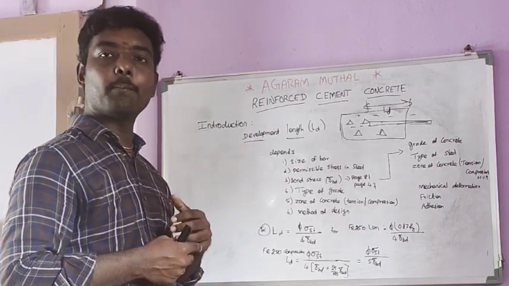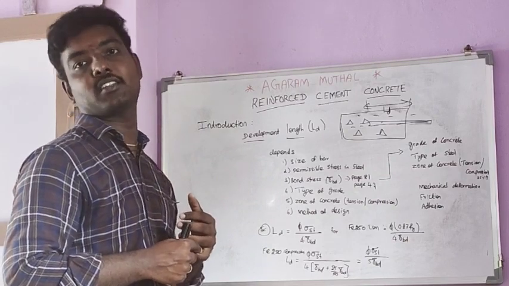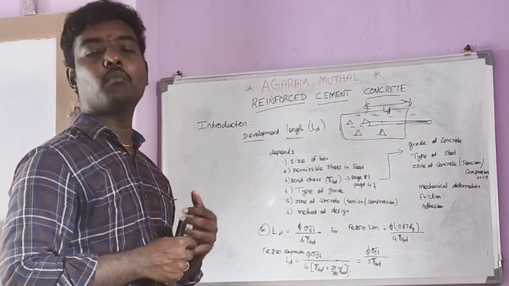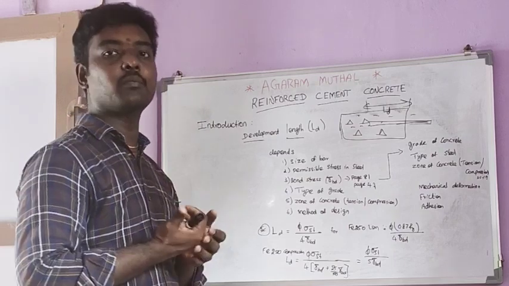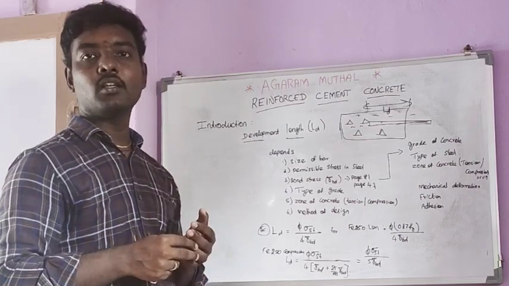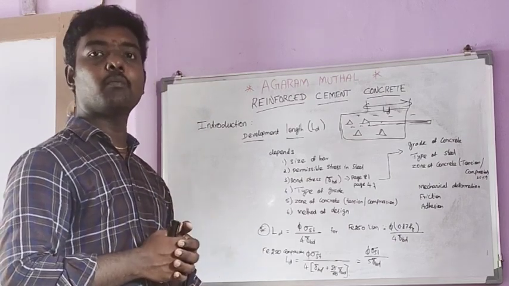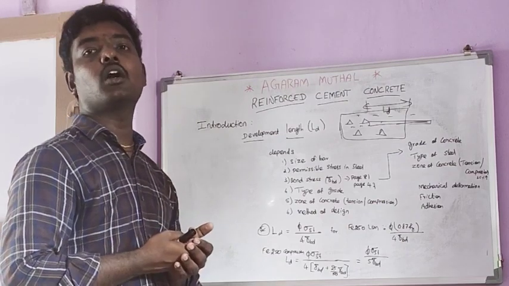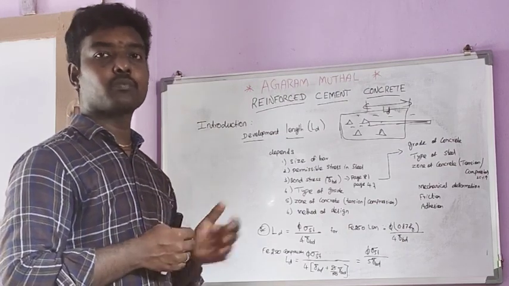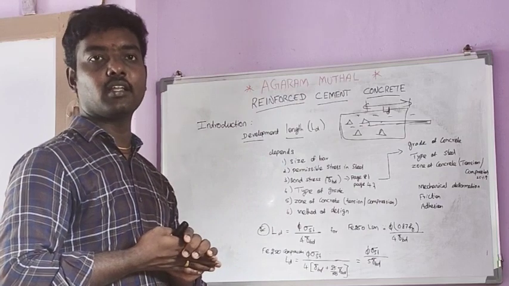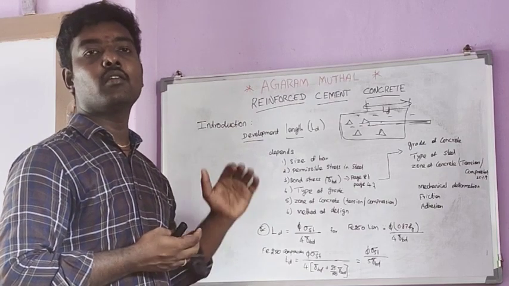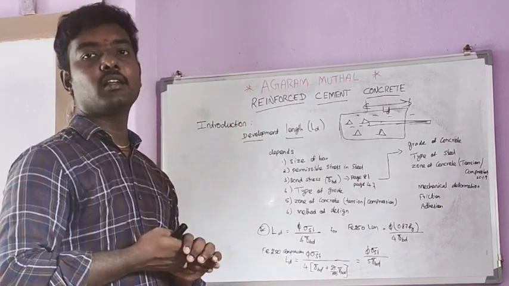The other factor that has an impact is bond stress. Based on the bond stress, whether there is friction between the concrete and the steel, and whether there is a proper bond between concrete and steel, we have to first specify that. Based on that only, we keep the development length.